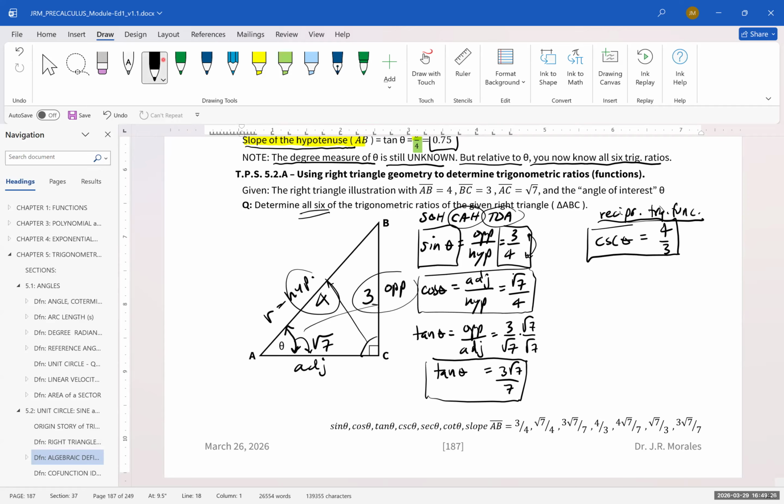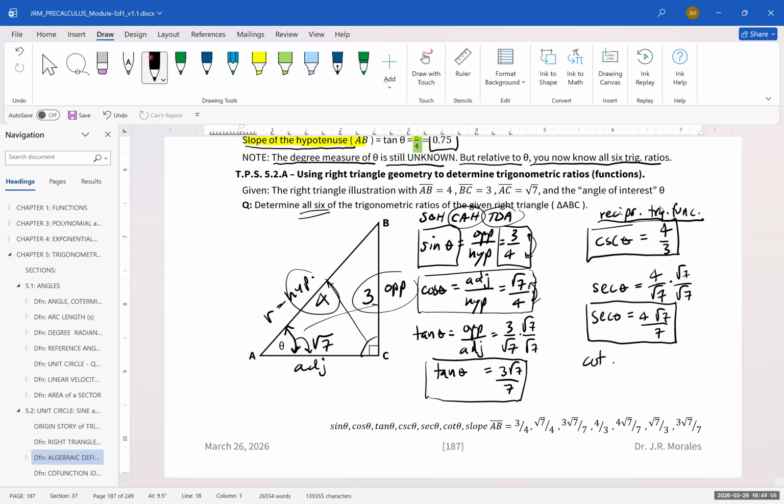The reciprocal of cosine is secant, so switch those. We can't have a square root in the denominator, so we multiply top and bottom by the square root of 7. And so secant theta is equal to 4 square root of 7 all over 7.